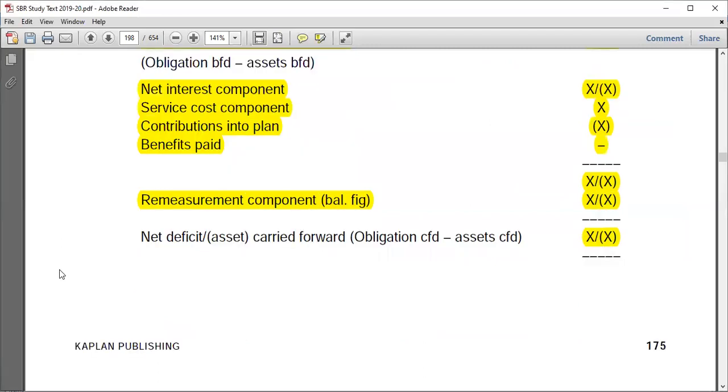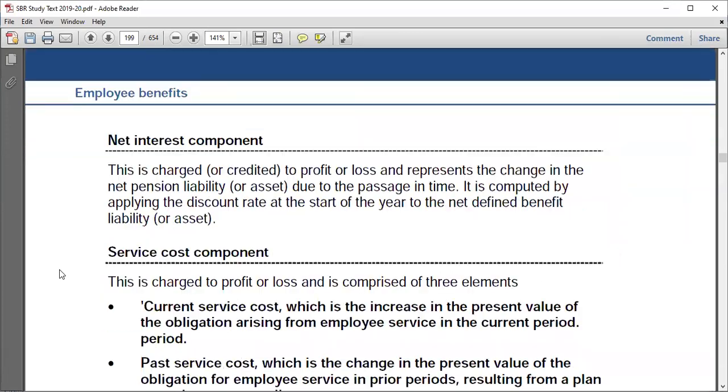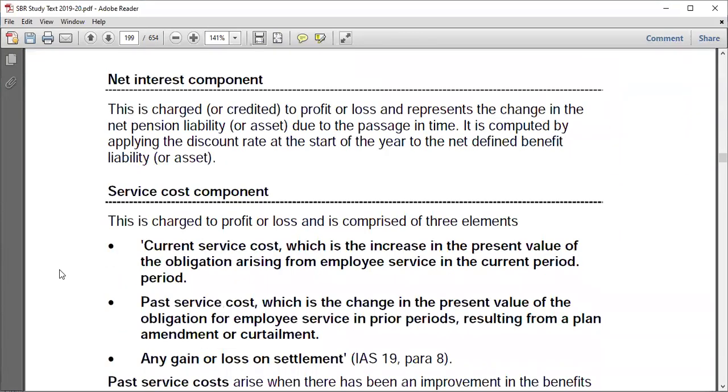Proceed. Now they're just explaining each component in turn. I think you have spoken of that already, but let's go deeper and understand. So here you have the net interest component. When we say that you are paying interest, it's like you have something for an investment, and it will take time, so the interest will be earned to compensate for the time value of money, right?